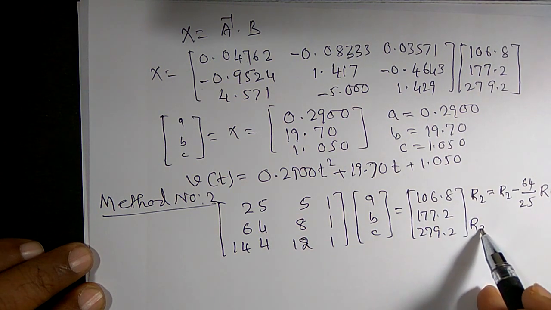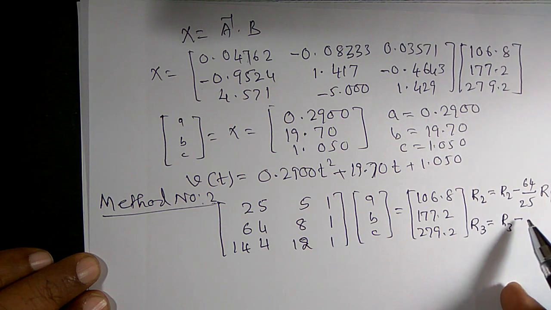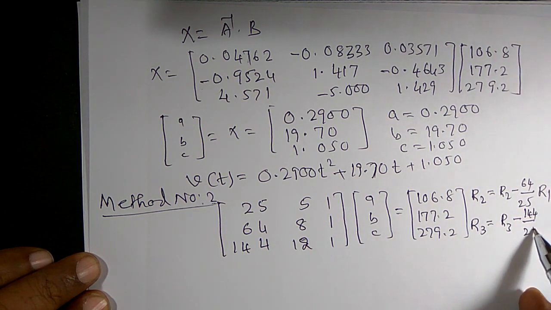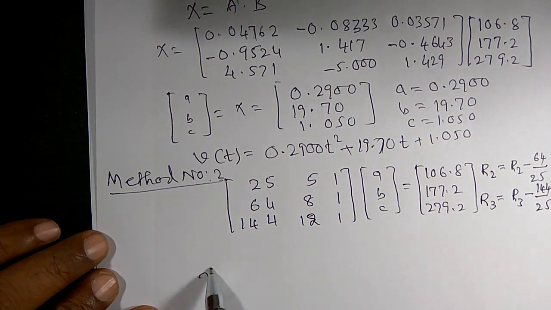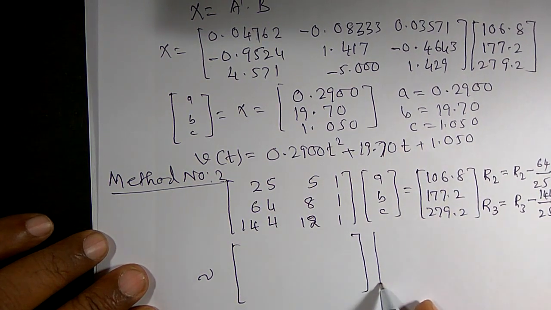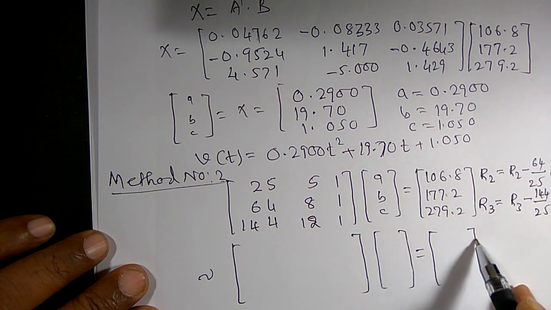And I can operate one more operation, namely R3 is equal to R3 minus 144 divided by 25 into R1. Now I can obtain an equivalent matrix. I am not going to write down those numbers, so you can verify what you will get.